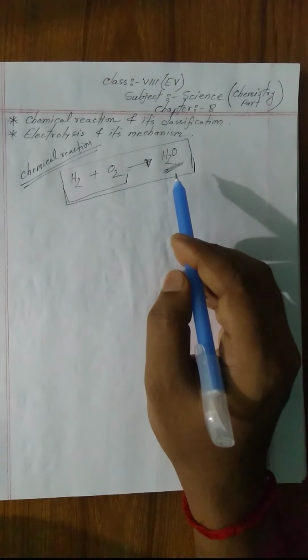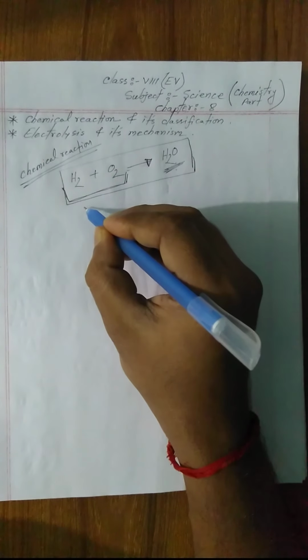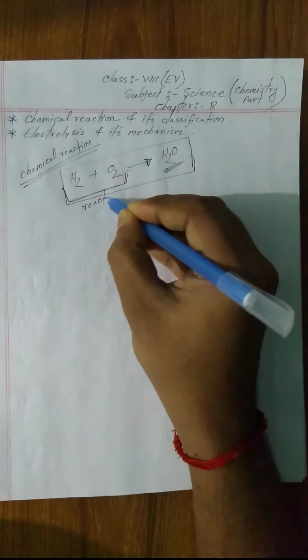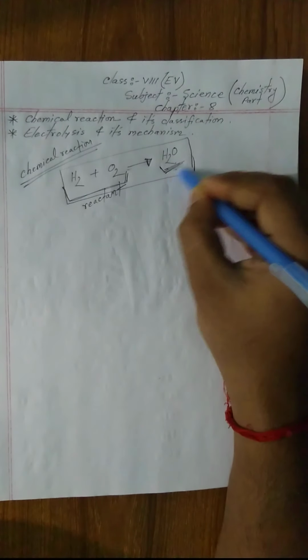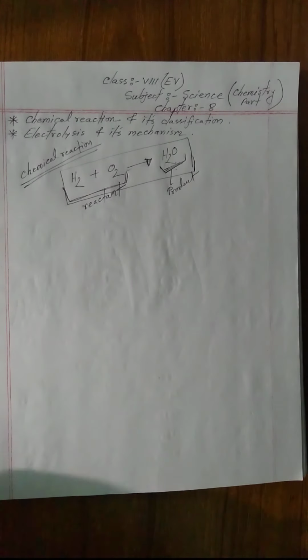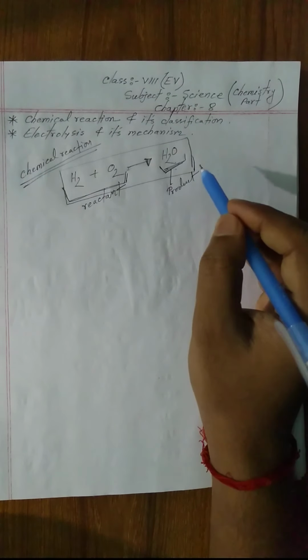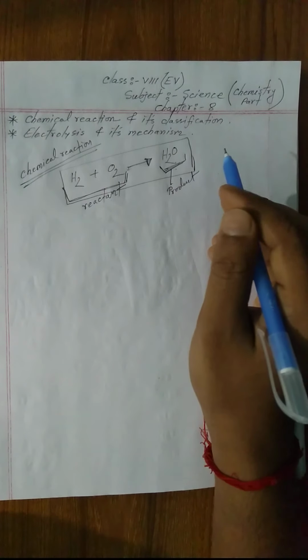The previous substance is known as the reactant and the newly formed substance is the product. So between reactant and product, an arrow sign or equal sign is used.